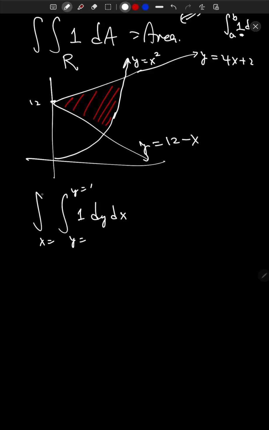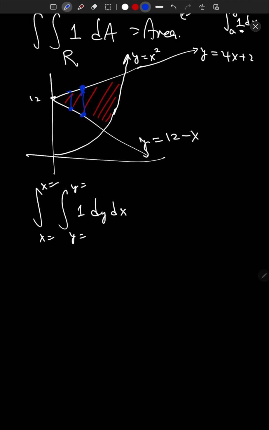Represent it with vertical lines, and so our integrals are going to go from here to there, from line 12 minus x to line 4x plus 2, except it's not consistently that way. Once we get past this intersection point, we're actually integrating from the parabola up to the line. So there's a parabola to line, and this one is line to line.